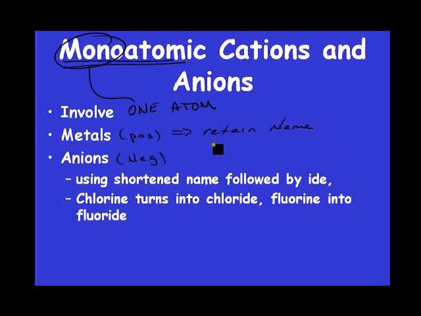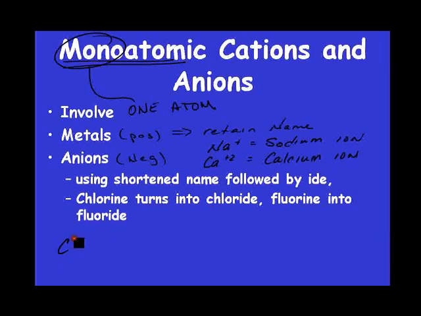So if we talk about the Na+ ion, that's just simply the sodium ion. If we talk about Ca2+, that's just simply the calcium ion. So they retain their names. The anion is going to use the shortened name or the root of the name followed by "ide."